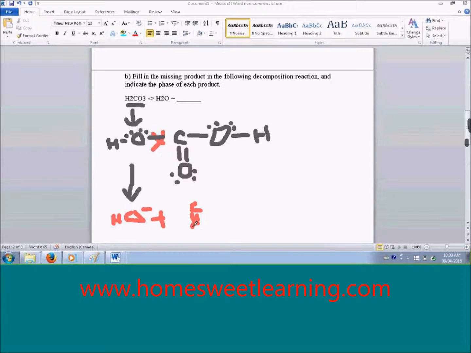Remember what the goal is: each molecule wants to fulfill the octet rule. They want to be stable. They don't want to be unstable, so they're unhappy this way.